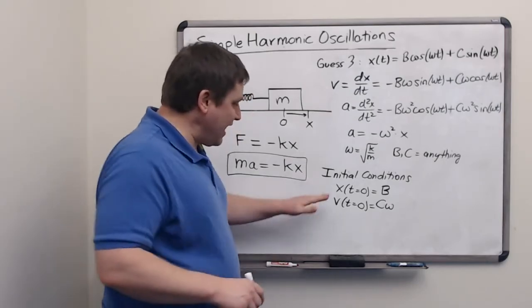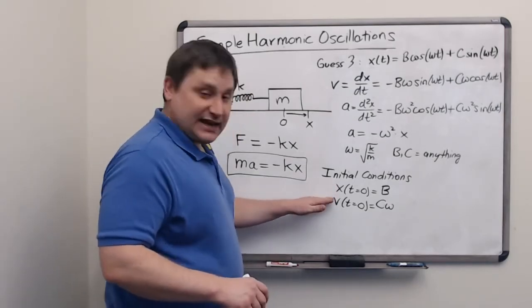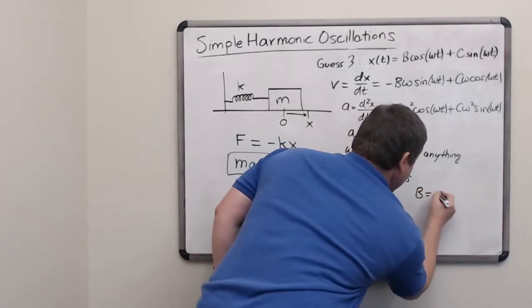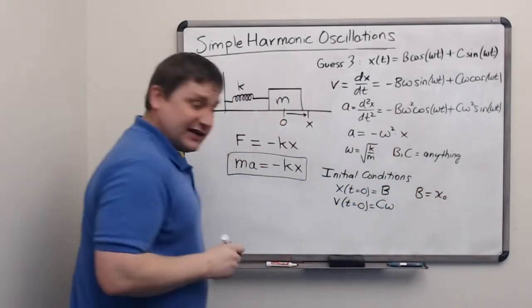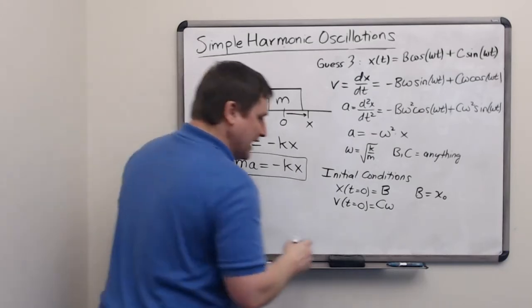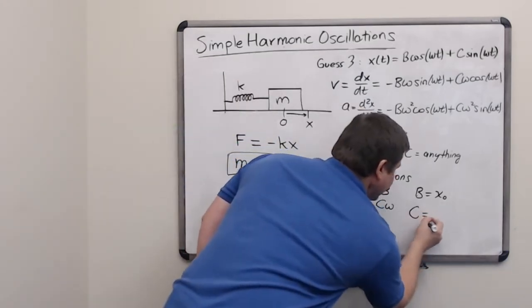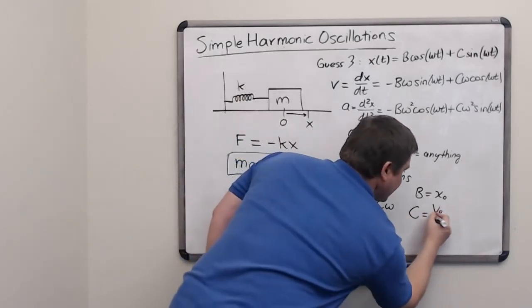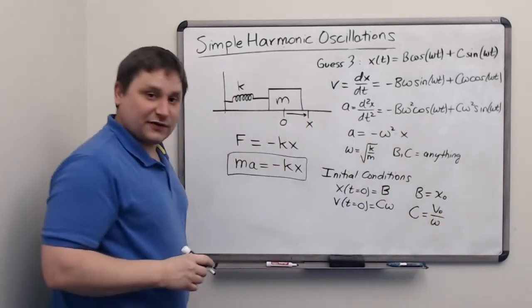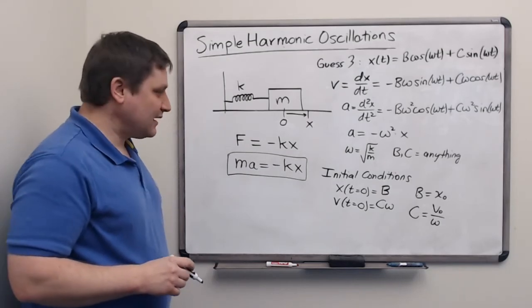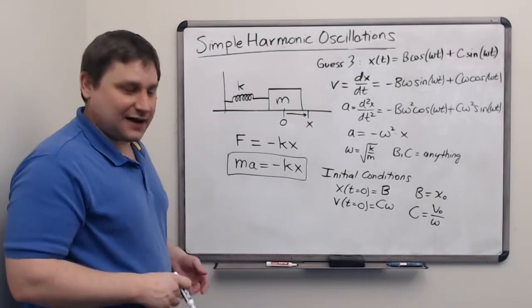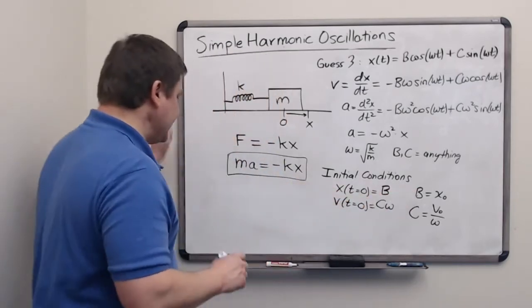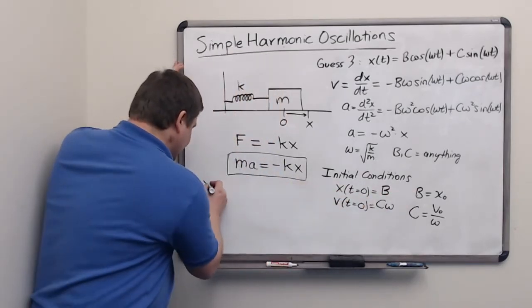They allow us to have any initial velocity and any initial position. We will say that b is the same thing as the initial position at time 0, and c is the same thing as the initial velocity divided by the angular frequency. So we can have any initial velocity at time 0, any initial position, and that will affect our constants b and c.